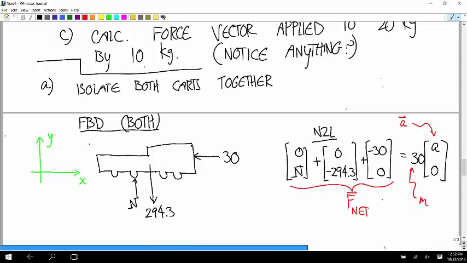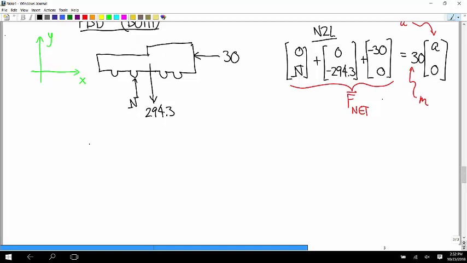This is the mass of the chosen object. And now we have two equations, an x equation and a y equation. The x equation, what does it say? So 0 plus 0 minus 30 is equal to, what do you get on the right side? 30a, yep.